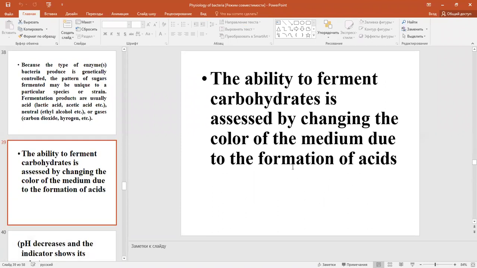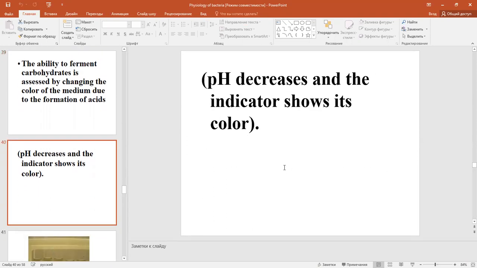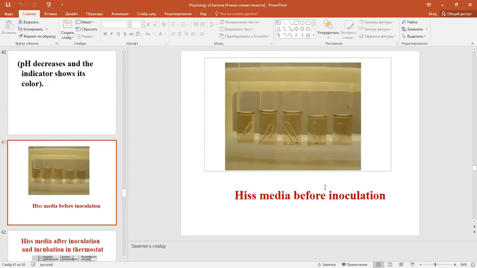The ability to ferment carbohydrates is assessed by changing the color of the medium due to the formation of acids. It is possible to detect the changes of pH. pH decreases and the indicator shows its color. For example, for detection of saccharolytic enzymes, Hiss media are used.